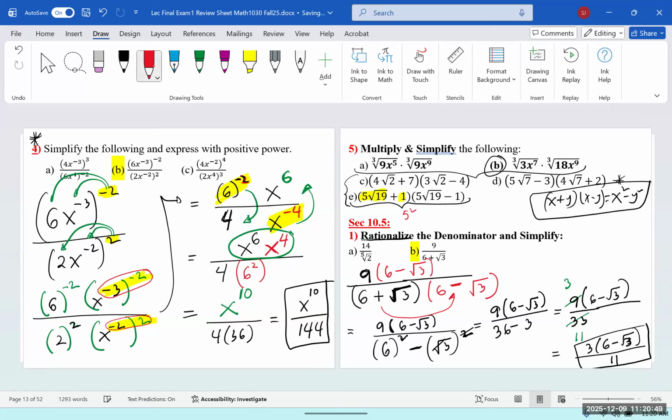So we get 5 squared minus square root of 19 squared minus 1 square. So we get 25 minus 19 minus 1. Then you multiply 25 and 19 and you subtract 1, and that's your answer. So this is one of the easiest ways to multiply them because they are conjugates. Usually the same two things.